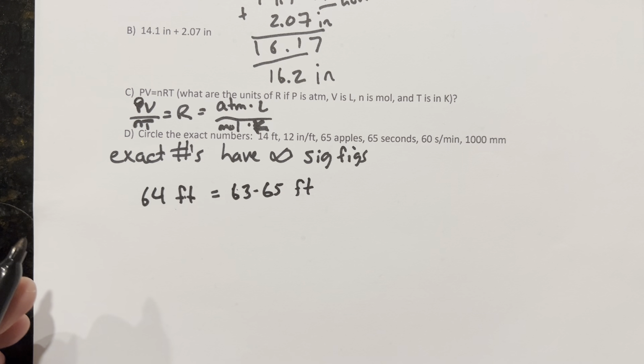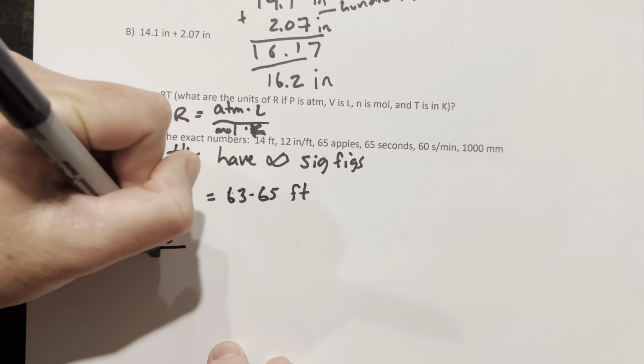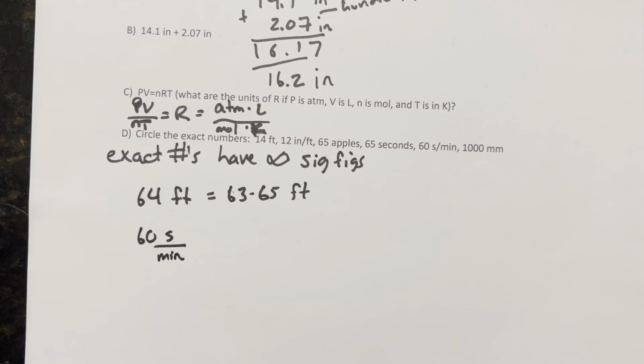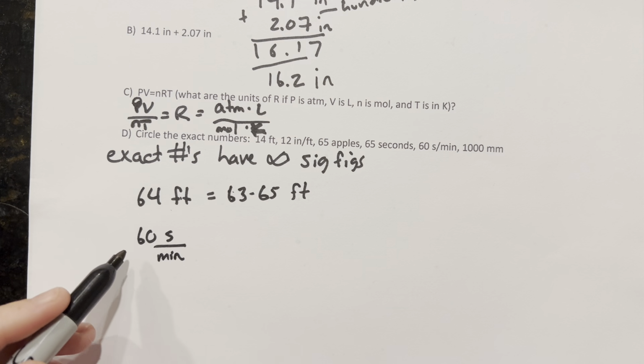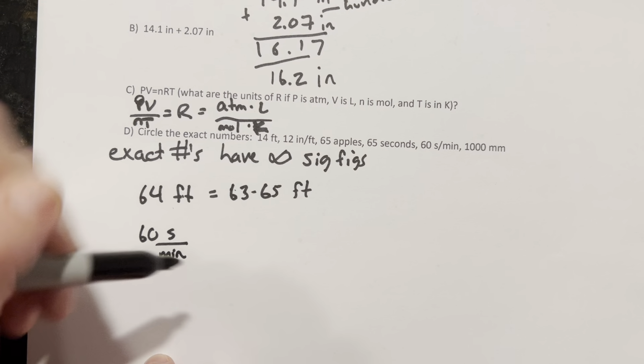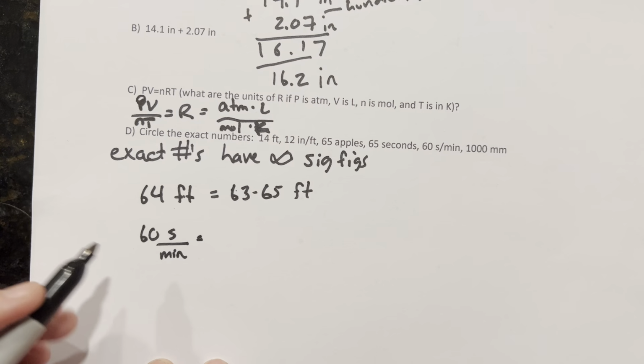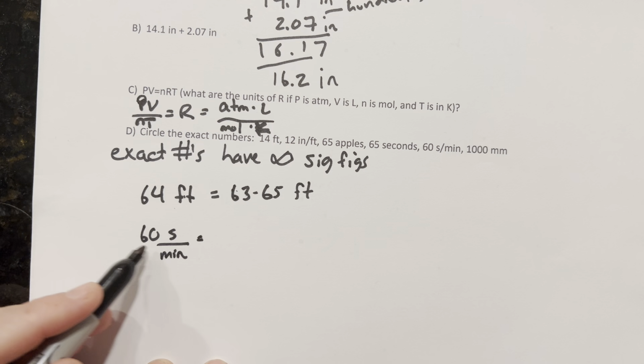But if I say there are 60 seconds in a minute, and I'm like, yeah, that means there's between 50 and 70 seconds in a minute, you'd look at me funny. That's because this conversion right here is exact. It's not a range, it's not something with 1 sig fig.